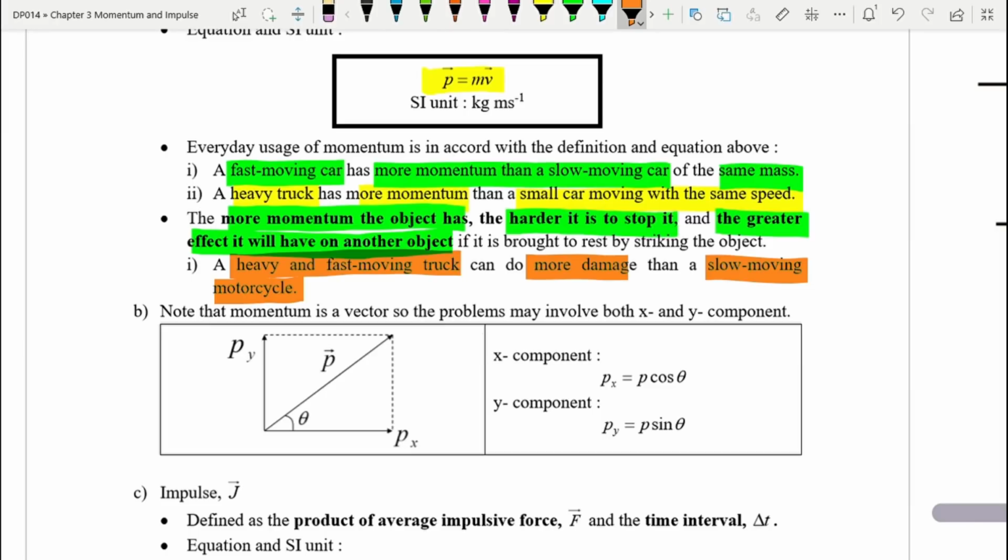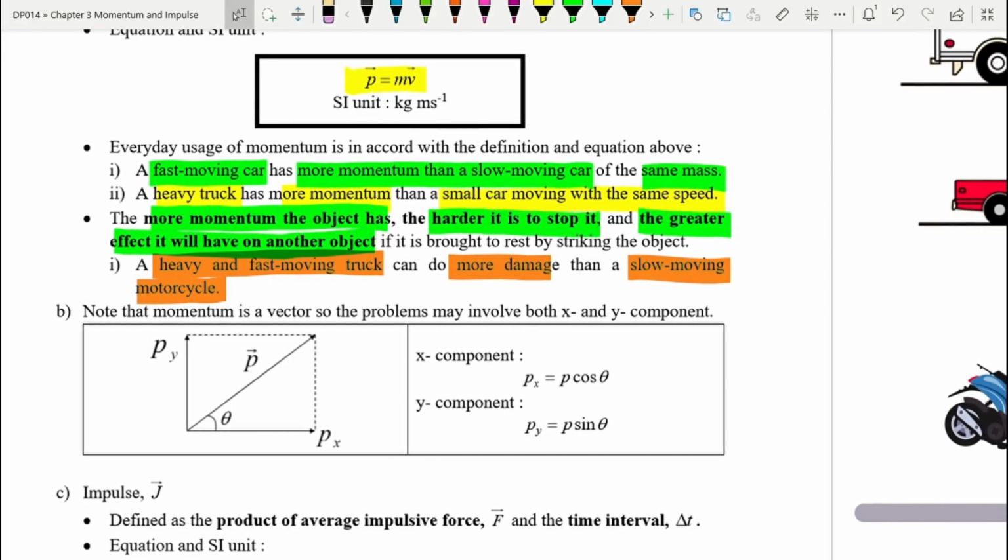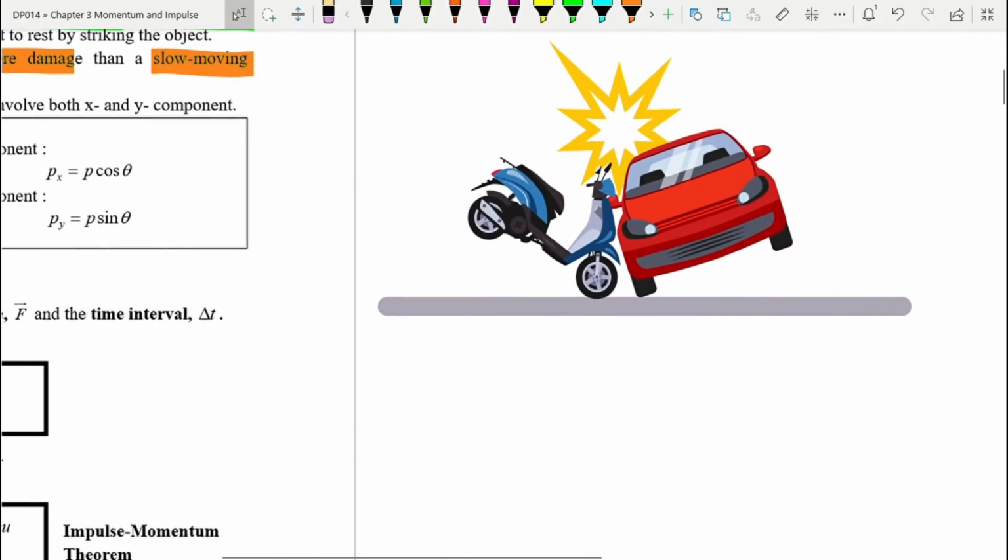Obviously, motorcycle tu will have more damage lah bila diorang collide. Lagi-lagi, kalau motorcycle tu speed dia lebih kurang, so dia senang nak hancur lah. Kita akan assume dia senang nak hancur bila dia berlanggar. Contoh dekat sini, kita boleh bayangkan, a car and a motorcycle crash towards each other. Obviously motorcycle ni akan terpelanting, ataupun dia akan lebih more damage compared to the car.